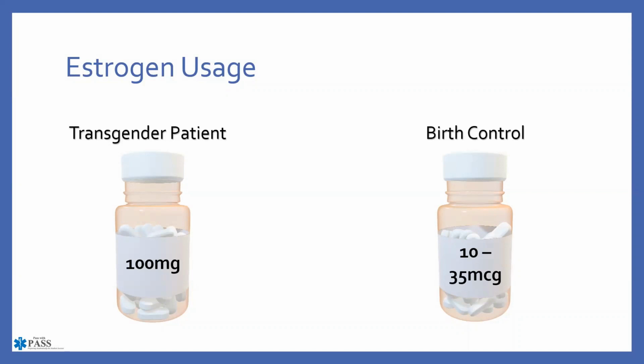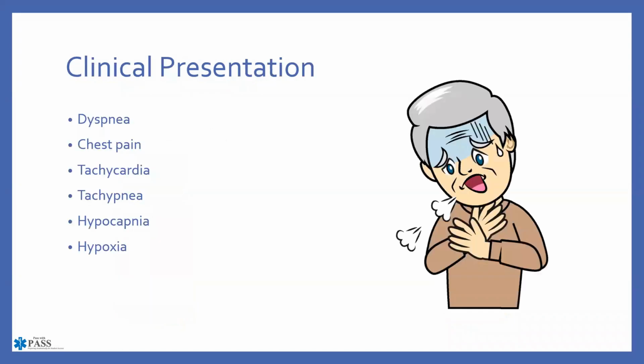It's interesting too, females transitioning to men don't have the same issue, because they are not taking hormone replacement therapy like the male transitioning to female. So it is definitely a one-way thing with regard to the patient having an increased risk for pulmonary emboli.